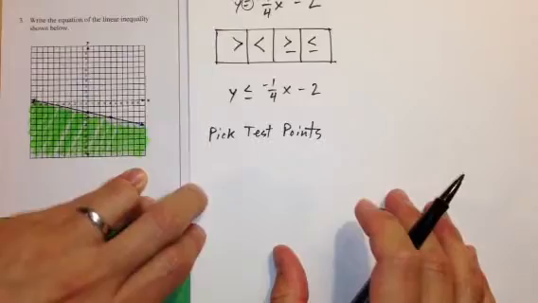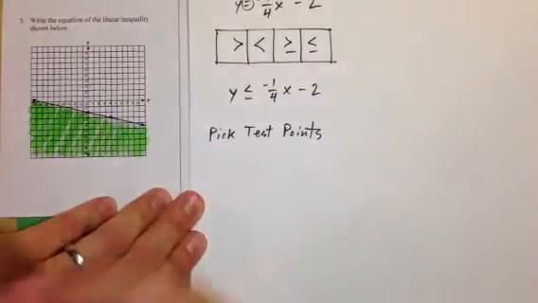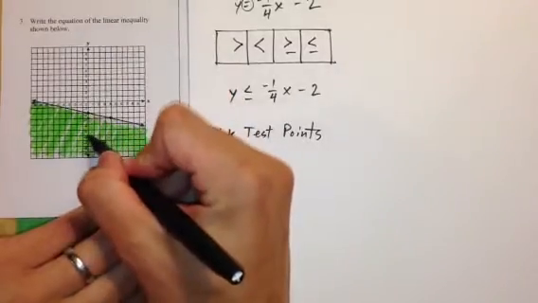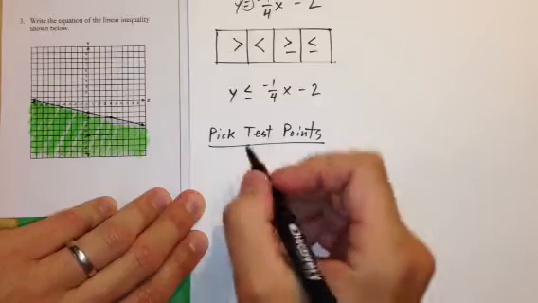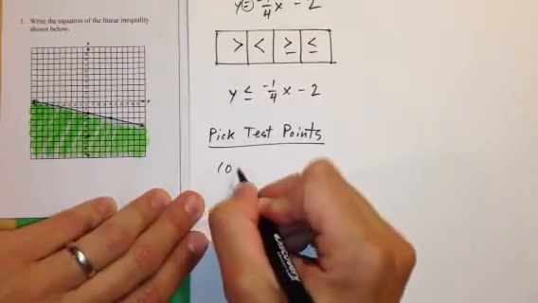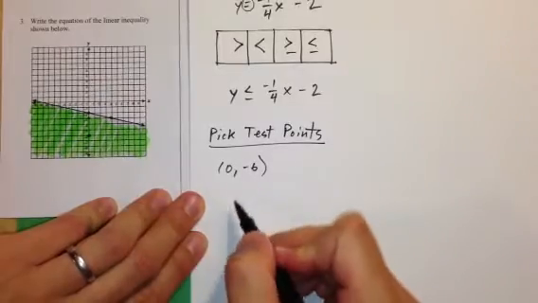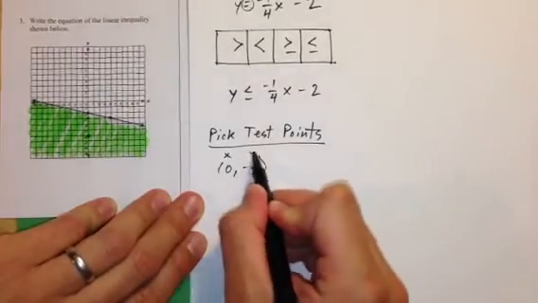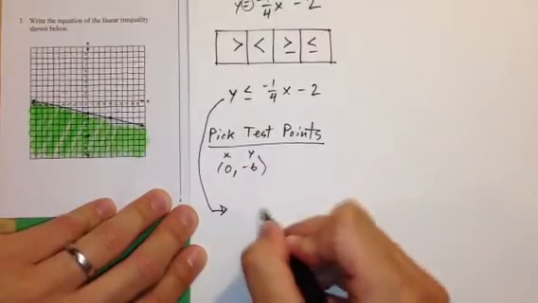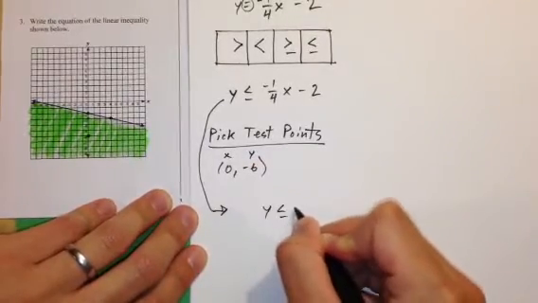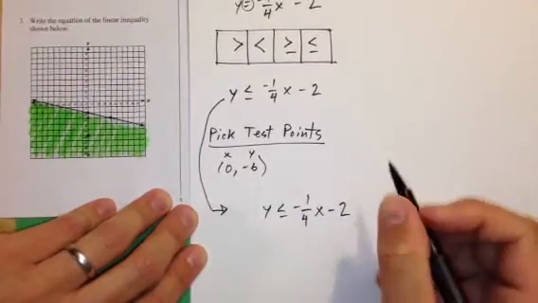I'm going to pick a point on the green part. Let's pick this point right here. This is the point (0, -6). Let me substitute in for x and y into my inequality. y is less than or equal to -1/4 x minus 2.